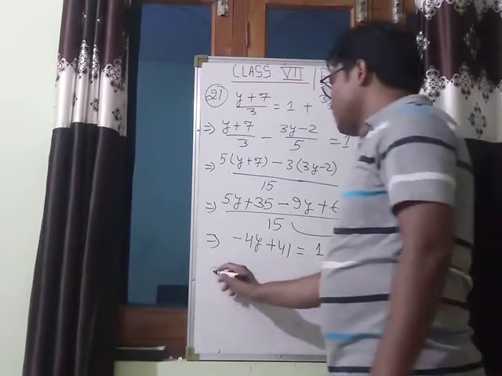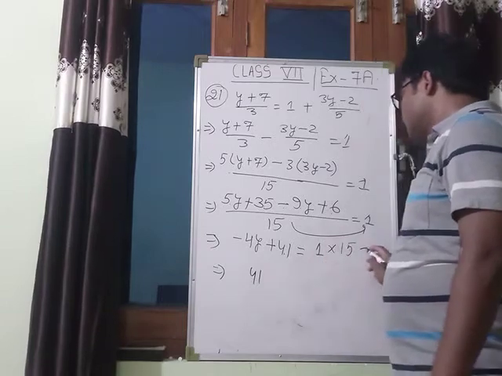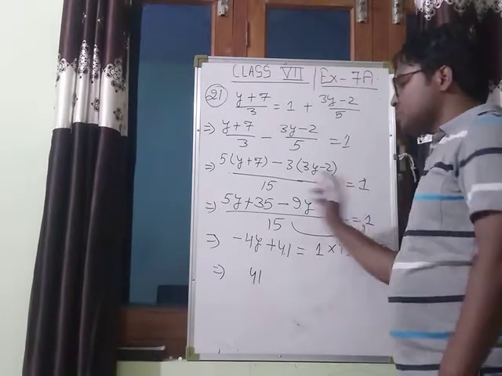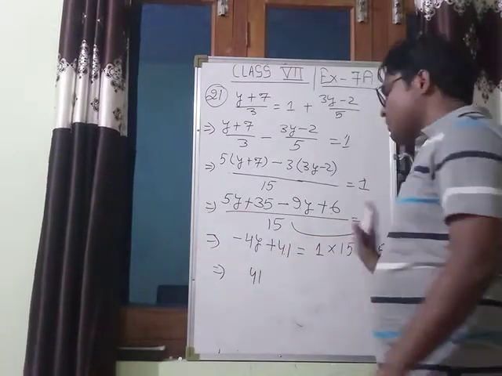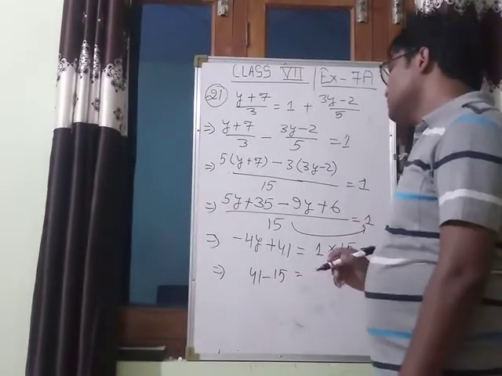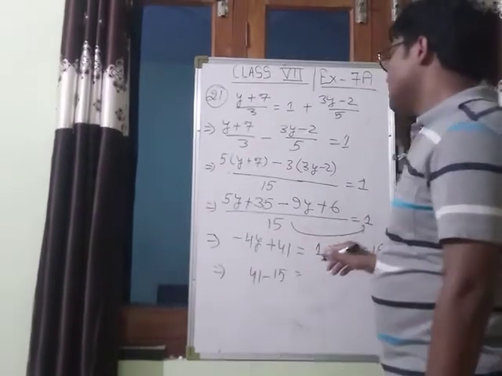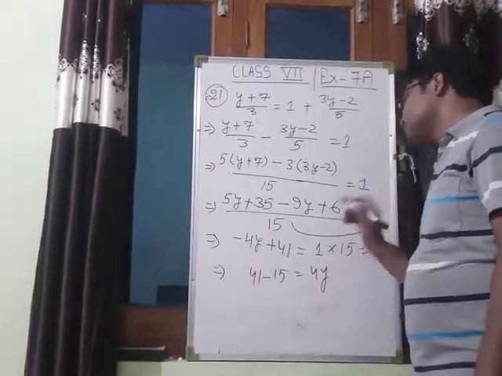Now we have 41 on this side and 15 on the other. Transfer this from right to left, that will be minus 15, equal to minus 4y, and transfer it to the right side, it will be plus 4y. Okay.